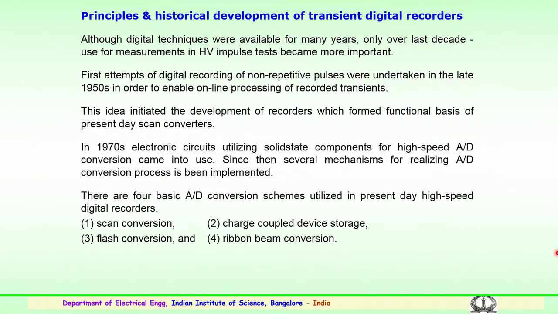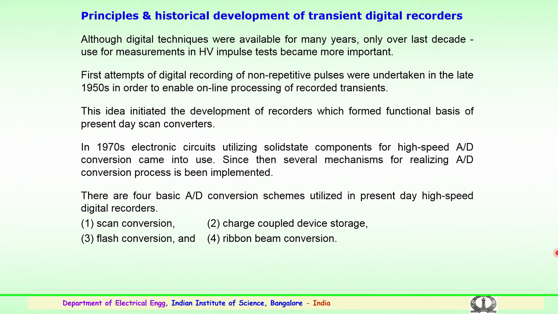Some of the principles and how the historical development of these digital transient recorders evolved are important. Although digital techniques were available for many years, only over the last decade have they been used for measurements of high voltage impulse tests, which have become more important in analyzing and recording the data.